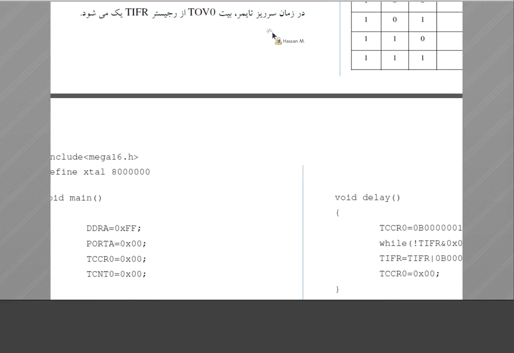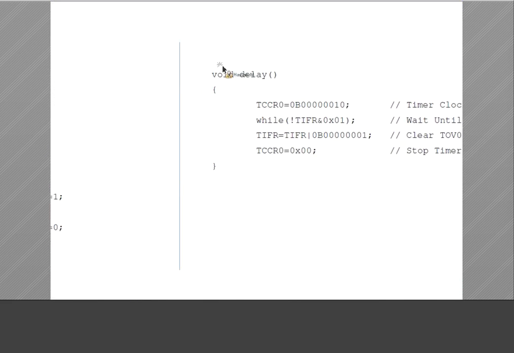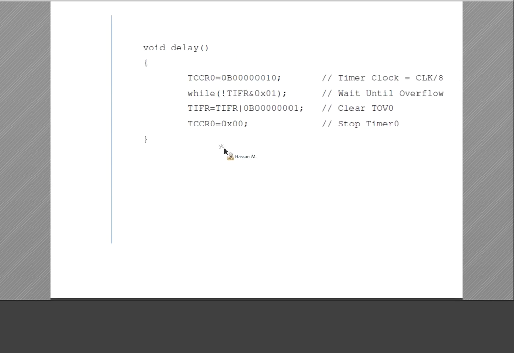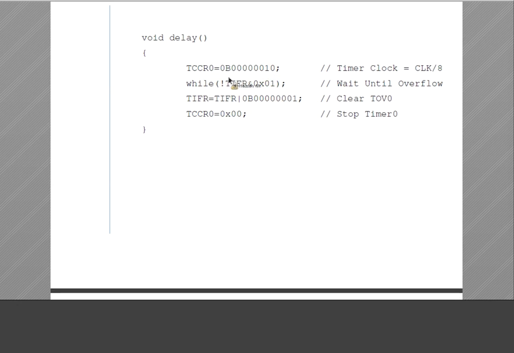Okay, here when the timer is started at 1 megahertz speed. 8 megahertz divided by 8 means started at 1 megahertz speed in normal mode.